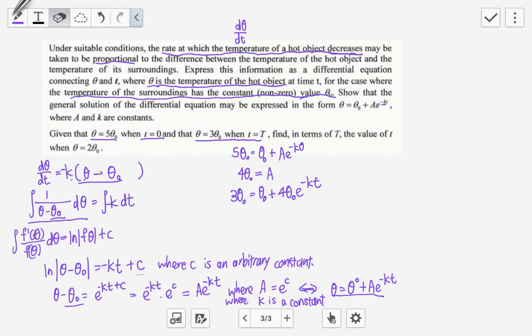Here will be theta naught, 2. And the T should be the big T.